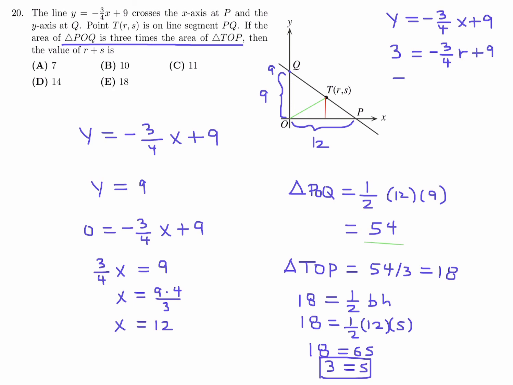And therefore, solving for this, we get 3/4 r is equal to 9 minus 3, which is 6. So r would be 6 times 4 divided by 3. And that looks like 2 times 4, which is 8. So finally, what they want is r plus s. So r plus s, 8 plus 3, and that is equal to 11. So number 20, the answer is C.